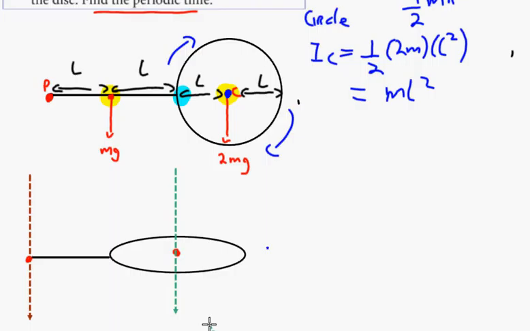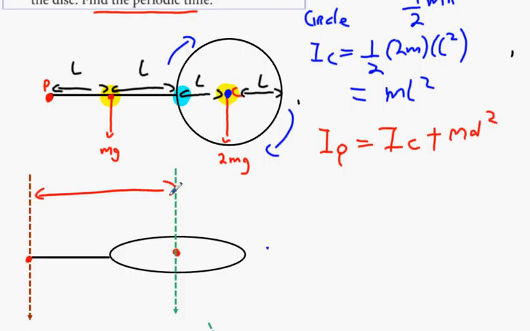The parallel axis theorem is that IP equals the other parallel axis to it plus md squared, where d is the distance between the two axes. So we're going to say IP. We're still only speaking about the circle at the moment, nothing to do with the rod.